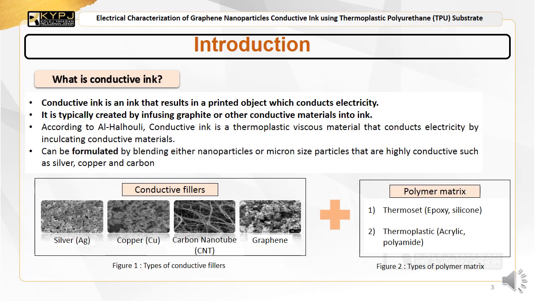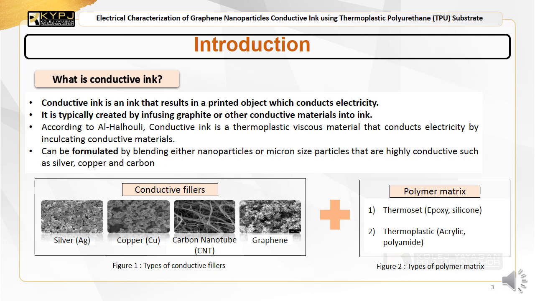Conductive ink is an ink that results in a printed object which conducts electricity. It is typically created by infusing graphite or other conductive materials into ink. According to Al-Hawli, conductive ink is a thermoplastic viscous material that conducts electricity by inculcating conductive materials.